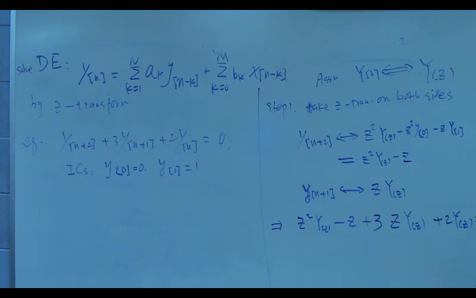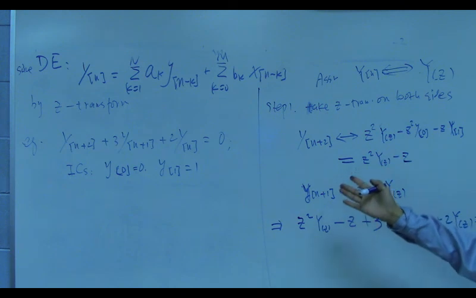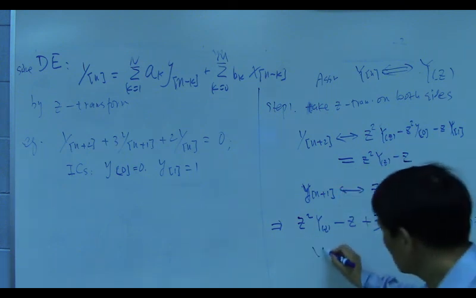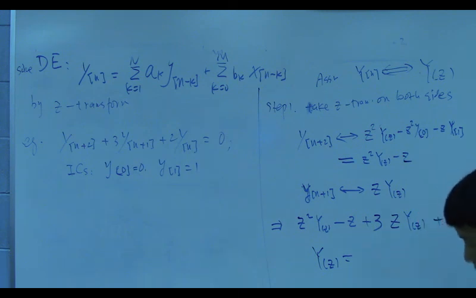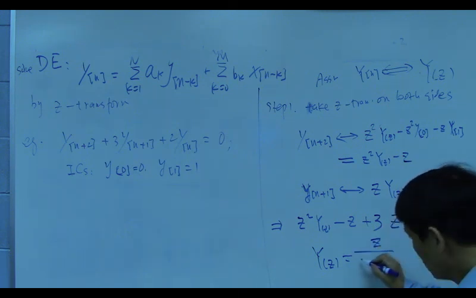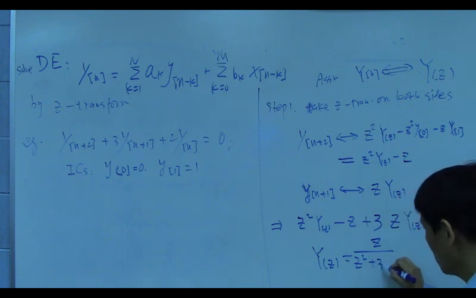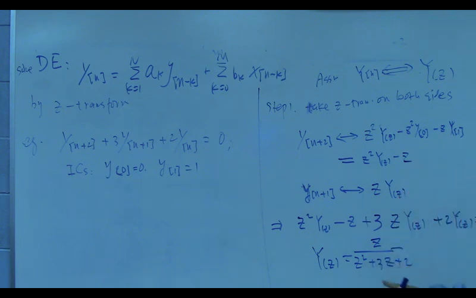Then equals the z transform of 0, which equals 0. This is just like in the Laplace transform. We just take the z transform on both sides, then we convert the difference equation into an algebraic equation. So Y(z) equals z over z squared plus 3z plus 2.